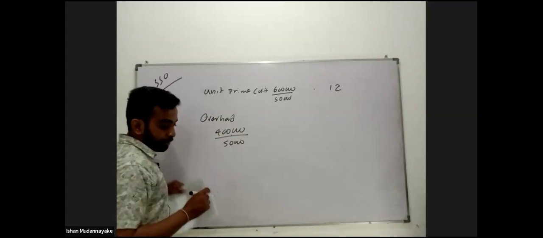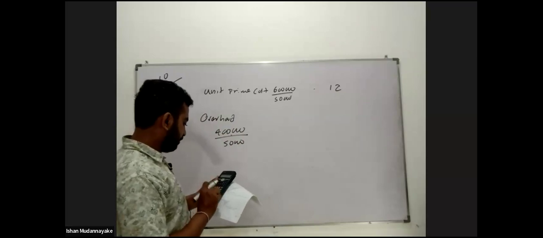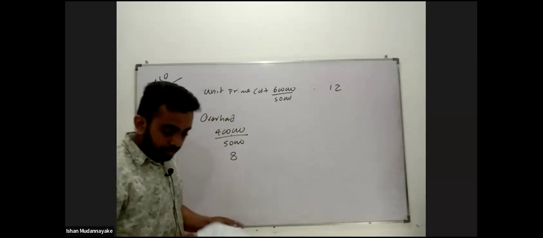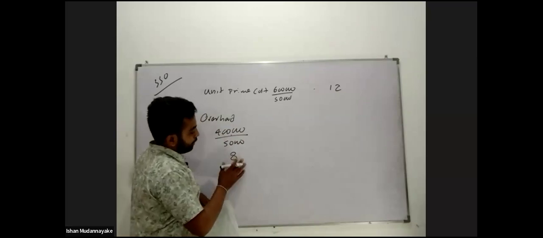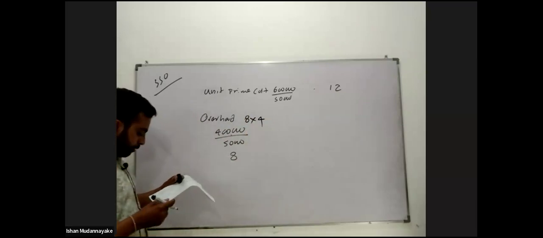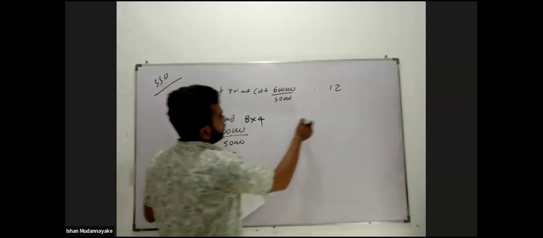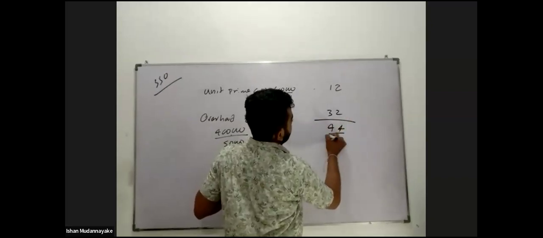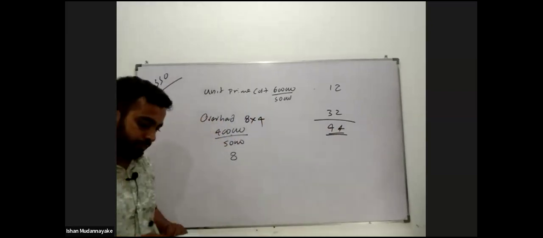Overhead rate per machine hour: 400 divided by 50 is 8. 8 rupees per machine hour multiplied by the number of machine hours, 4, gives 32. Production cost of unit is 12 plus 32, which is 44.